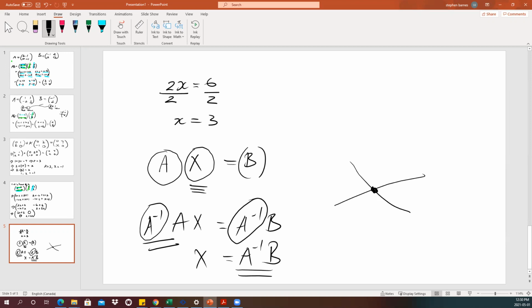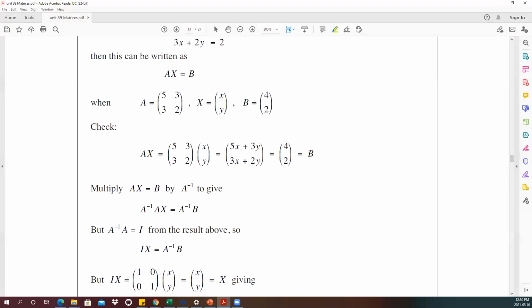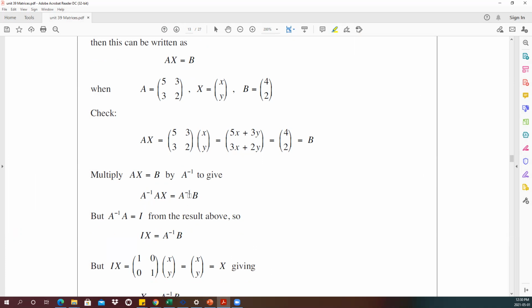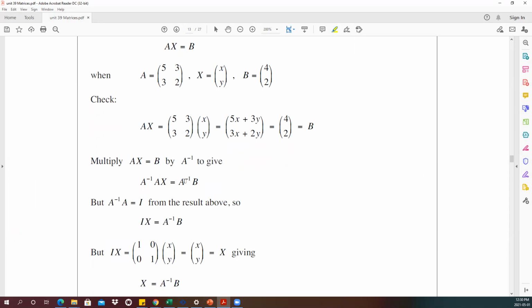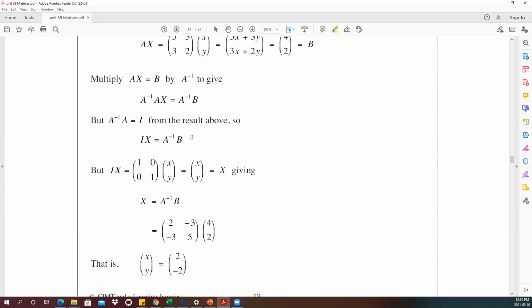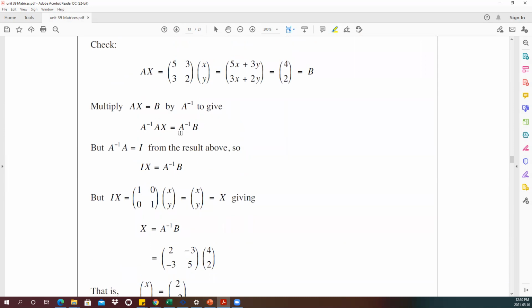All right, let us go back. See there, you multiply by the inverse on the left, and this is also on the left. That is very important. Don't think you can put this A inverse on the other side, to the right. To be frank, I would have to test it, but I know you should apply it to the same side, to the left.